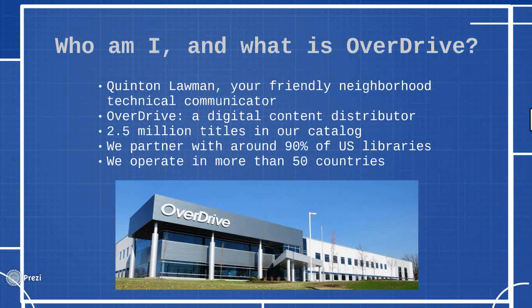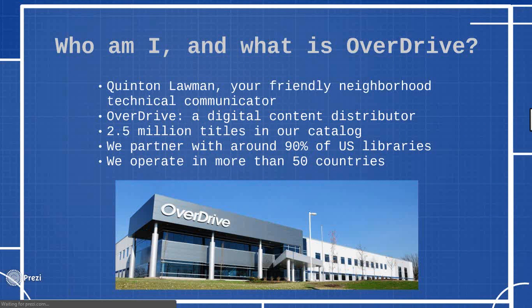We have about 2.5 million titles in our catalog right now and partner with around 90% of the libraries in the United States. So chances are, if you live in the U.S., you can probably go to your library and use our services to get free books, ebooks. We operate in more than 50 countries, so what I'm getting at is we have a really wide audience and a really big net to cast when trying to create support materials.